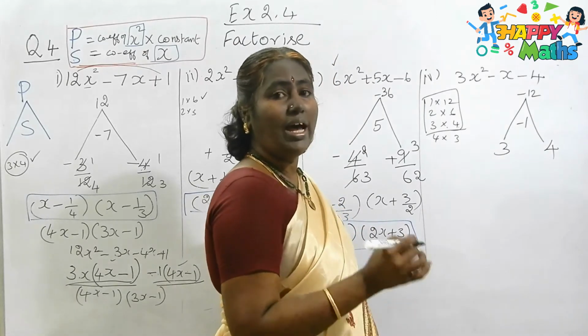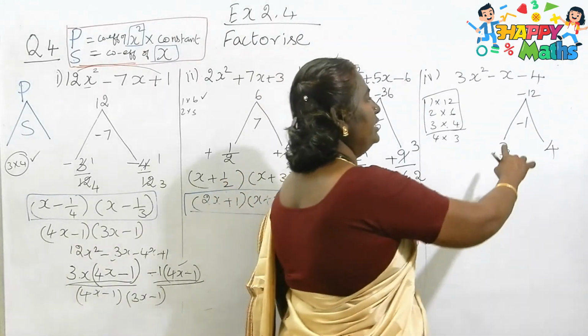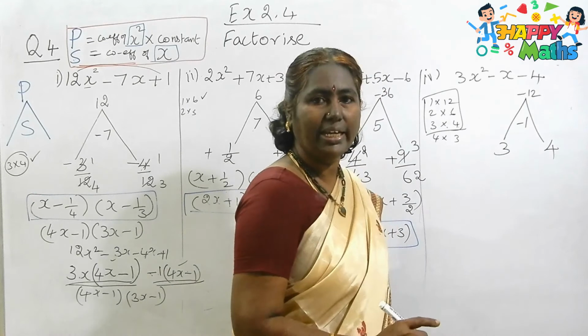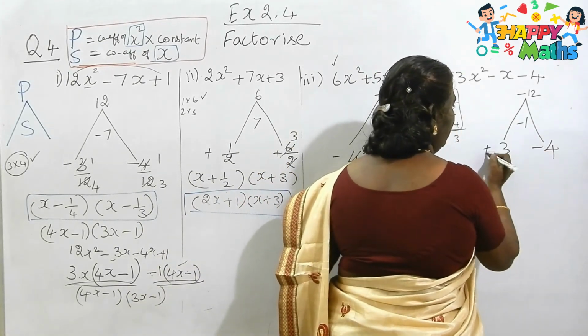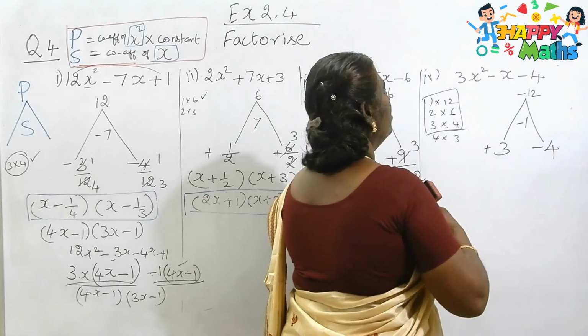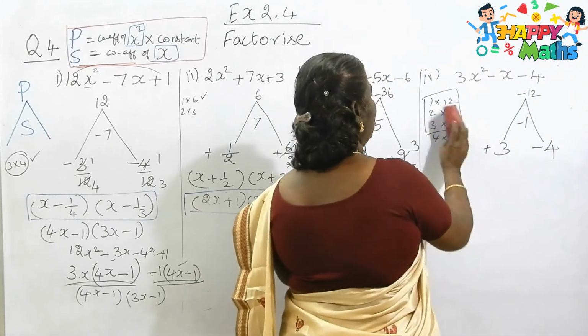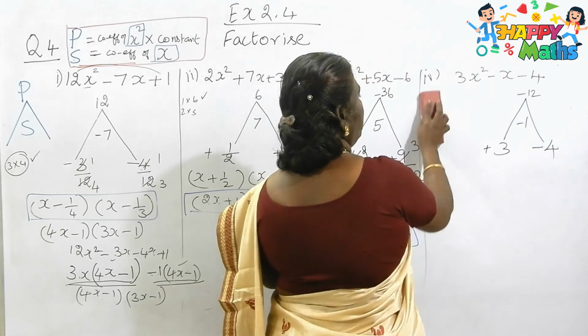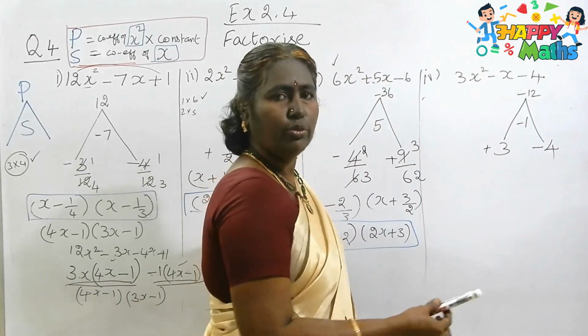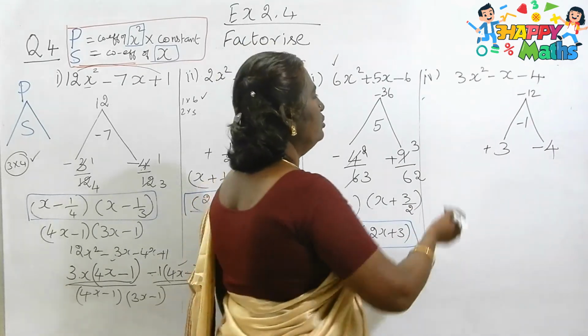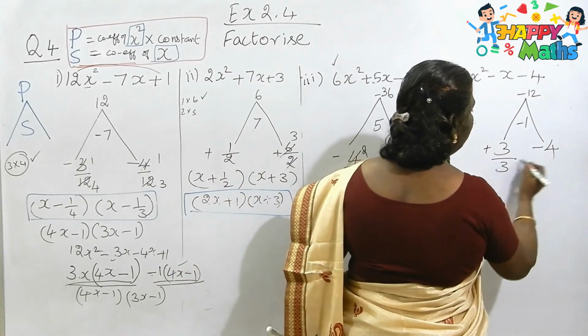Is it clear? So, as I told you earlier, the center number will take the sign of the greater number. So, which is greater here? 4. So, if it is minus, this will be plus sign. Okay, is it clear now? Now, is the coefficient of x square 1? No. Coefficient of x square is 3, so I have to divide that by 3.